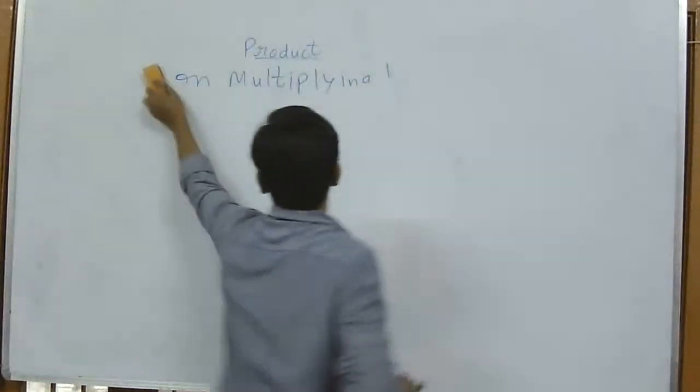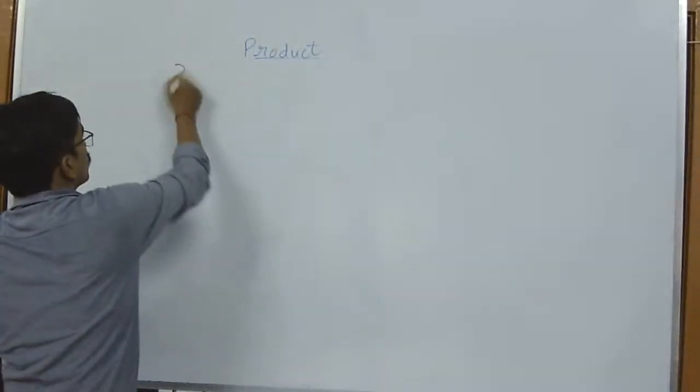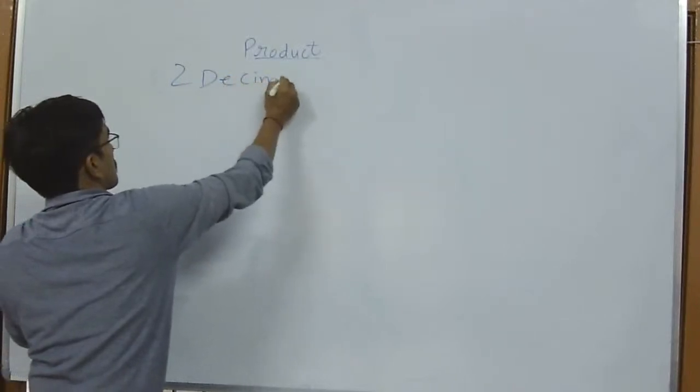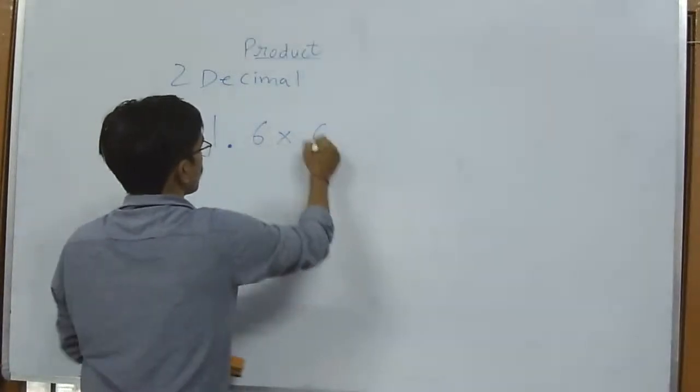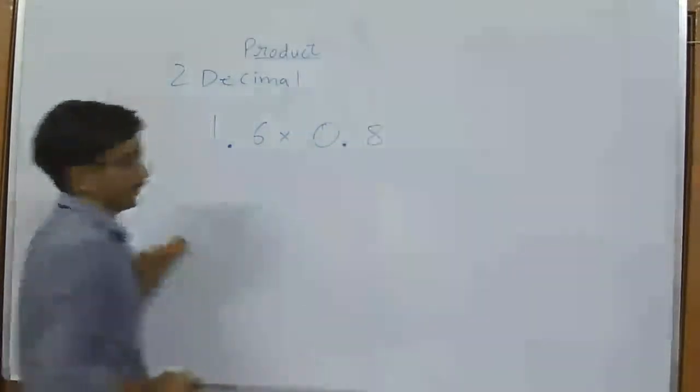Now the thing is, if you have to multiply two decimal numbers, I want to multiply 1.6 by 0.8.